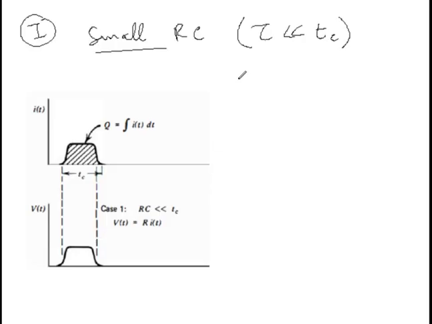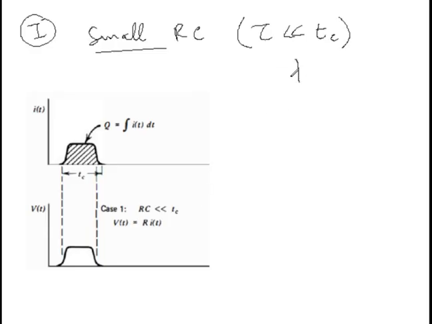Now, as I was saying, in this extreme case, the time constant of the external circuit is kept small compared with the charge collection time, so that the current flowing through the load resistance R is essentially equal to the instantaneous value of the current flowing in the circuit.